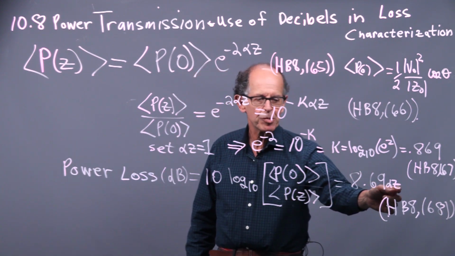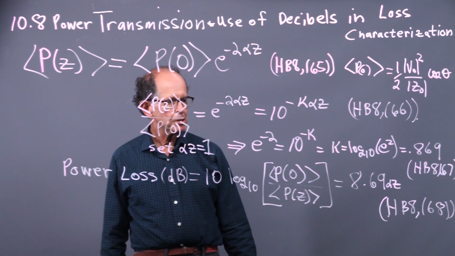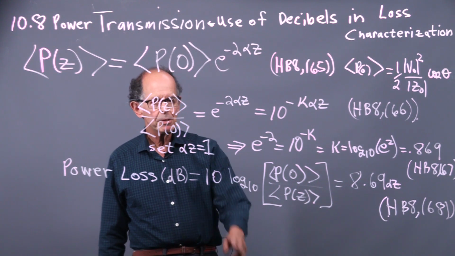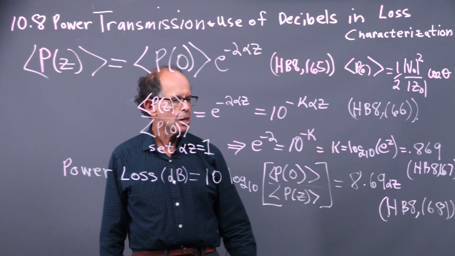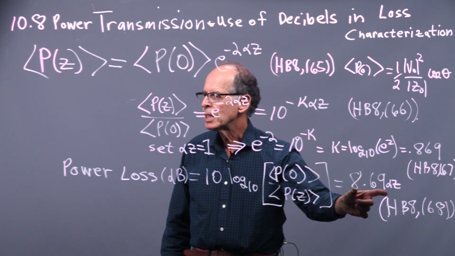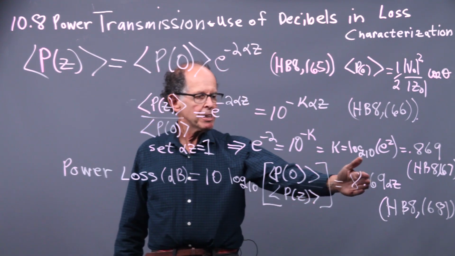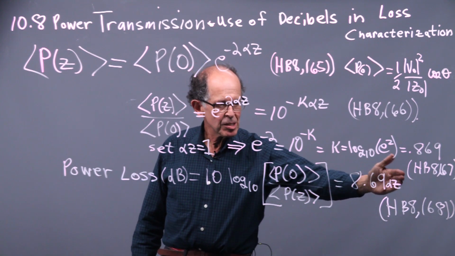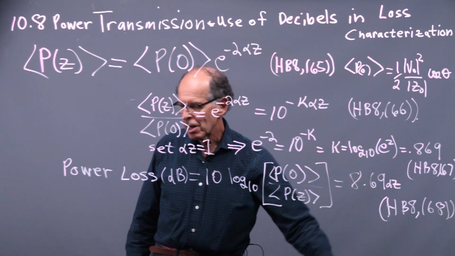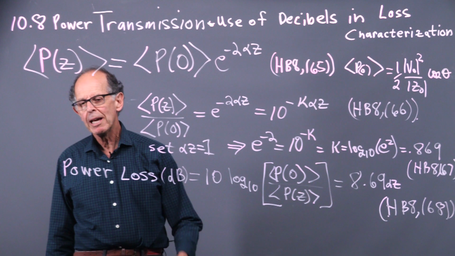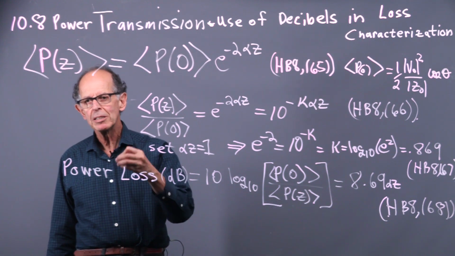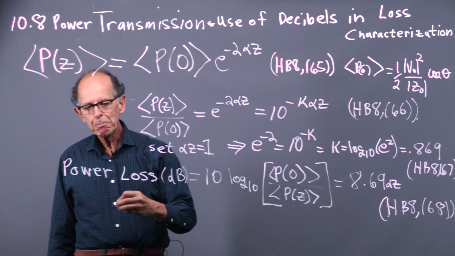So if alpha z is equal to 1 neper, which is this case here, we get how many dB? 8.69. So it's kind of a funny unit, but this thing is finally in dB. 8.69 dB per neper.